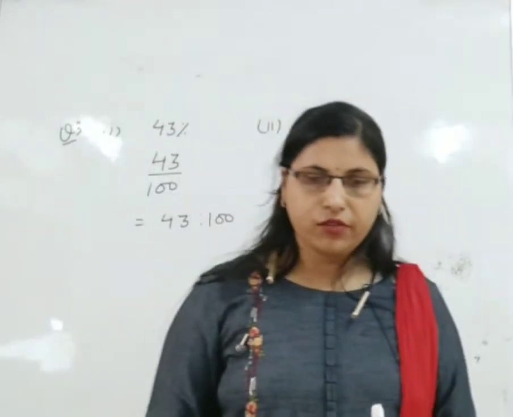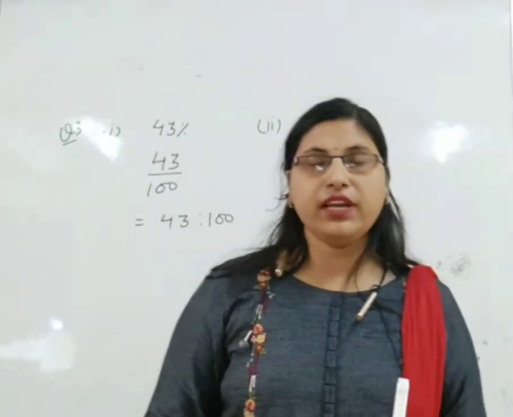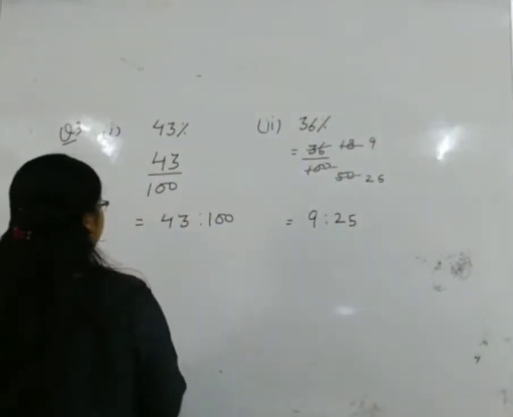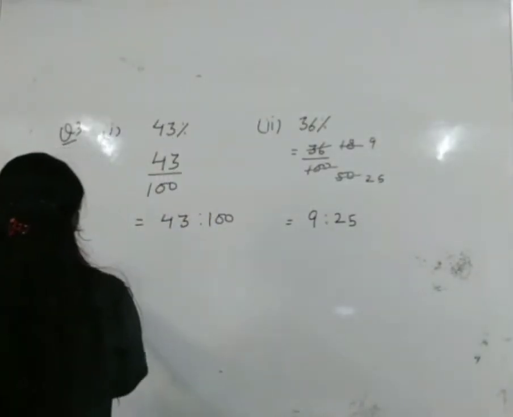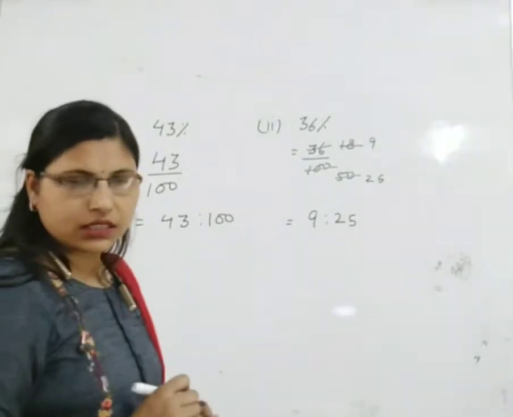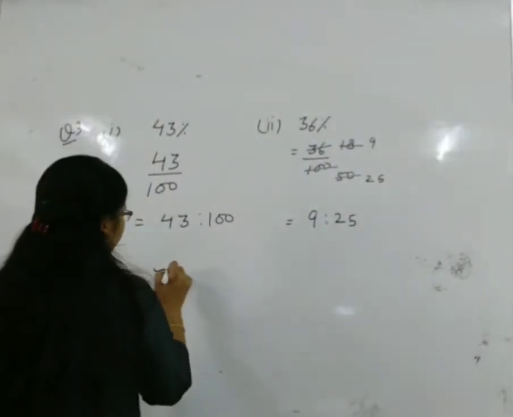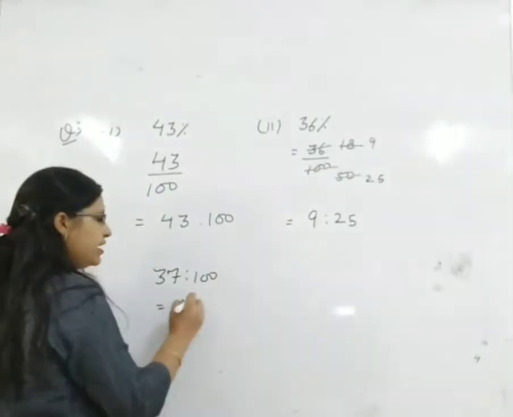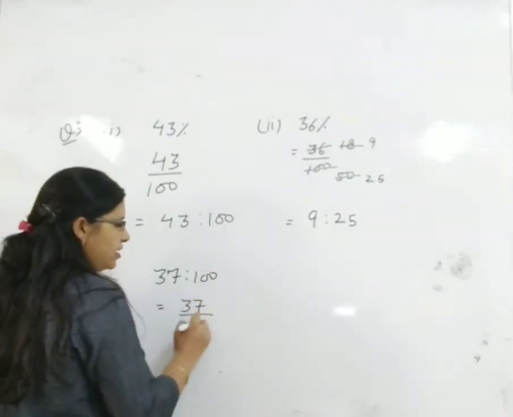Question number 4. In question number 4, we have to convert the ratio into percentage. So what we have studied, the question is 37 ratio 100. So 37 ratio 100 we can write as 37 upon 100.